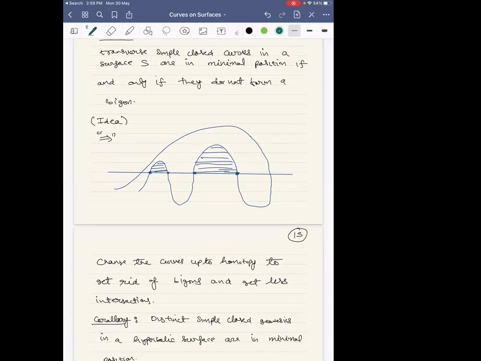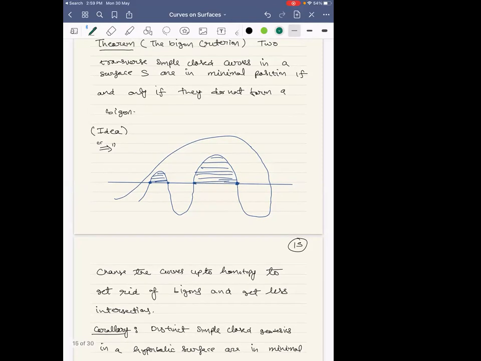If the curves form a bigon, from a picture you can see this is just schematic. What you can do is change these curves up to homotopy and get rid of these bigons, because the disk is contractible. So you can always freely homotope this and get rid of bigons.